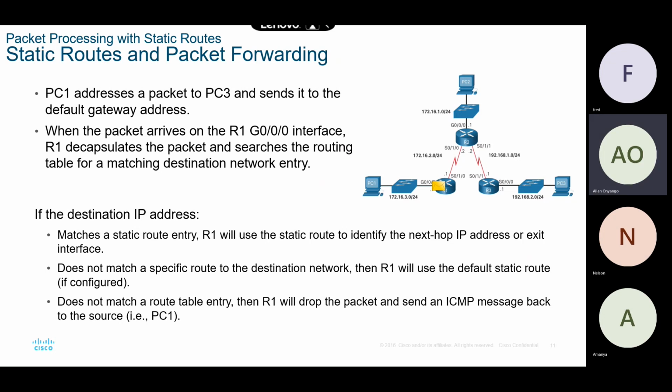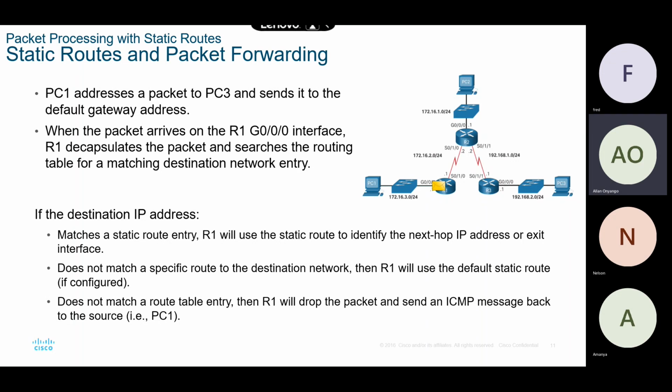So the router receives a packet, de-encapsulates it to see the destination IP, and if the IP matches one of the static routes within the routing table, then because each route in the routing table must have either a next hop IP or an exit interface, or both, the router is going to use the exit interface or the next hop to forward that packet.